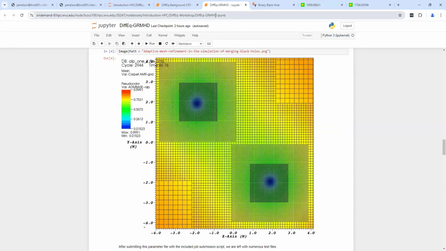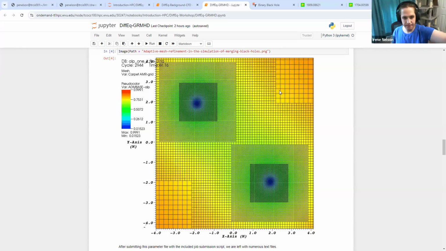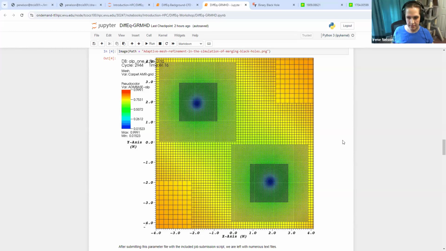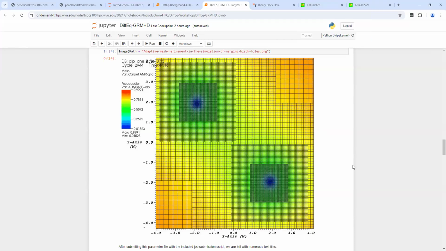You have this coarse grid, on top of that you have a couple of finer ones, and after that you have another finer one closer to the black holes. So you have one, two, three, four grids, and they are superimposed closer to the center of those black holes. All four grids exist there.